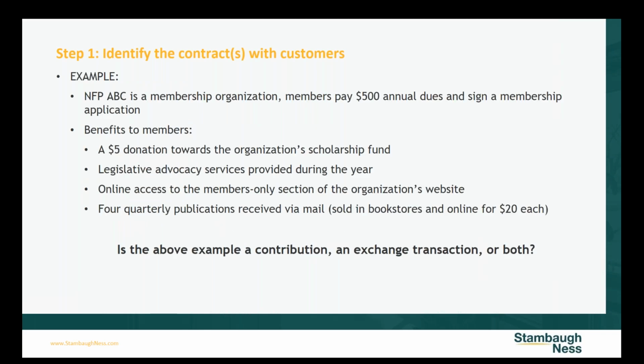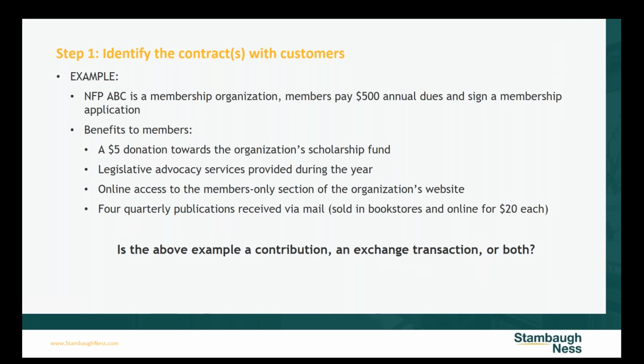So in our example, not-for-profit ABC is a member organization. Members pay $500 annual dues and sign a membership application. That application could be literally sending in an application. Maybe it's an online application. Again, that contract can be written, oral, or implied.